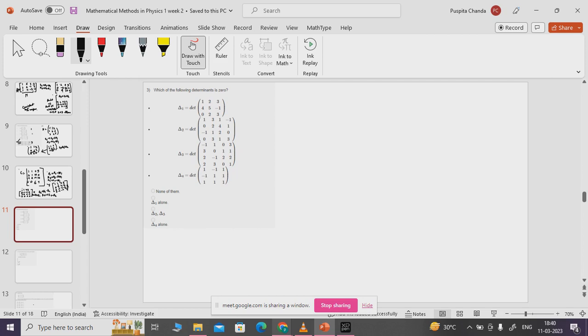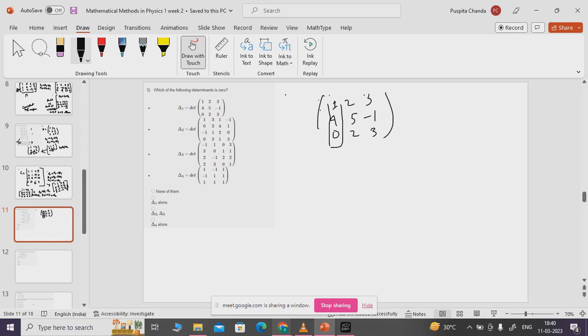Now the third question: which of the following determinants is 0? For the first, if we consider this column with 0 2 3, we don't need any row reduction. We can evaluate this without any row reduction.